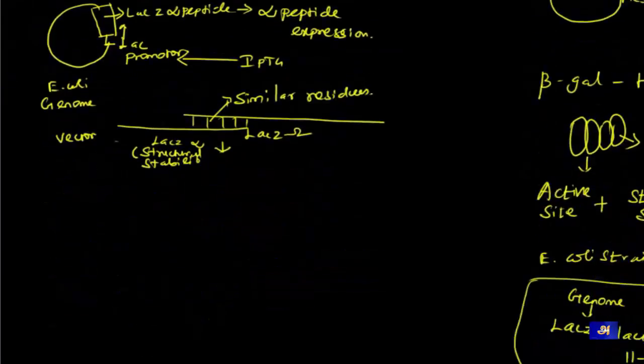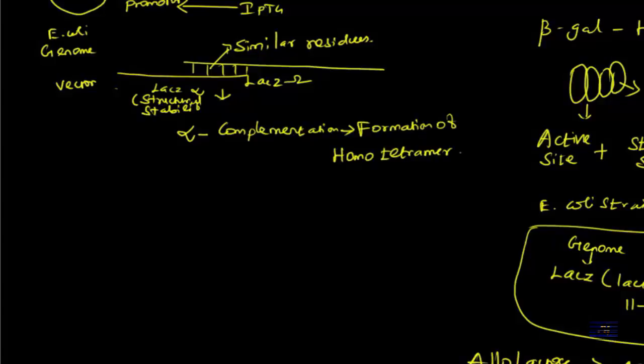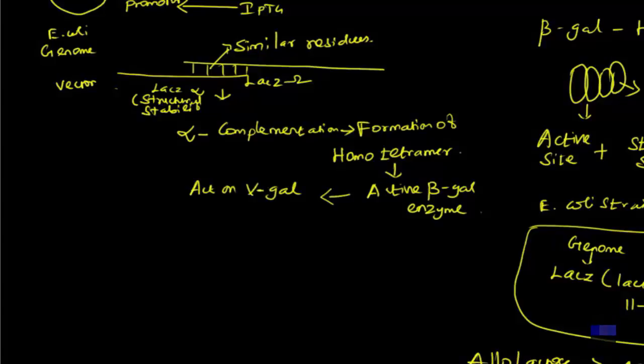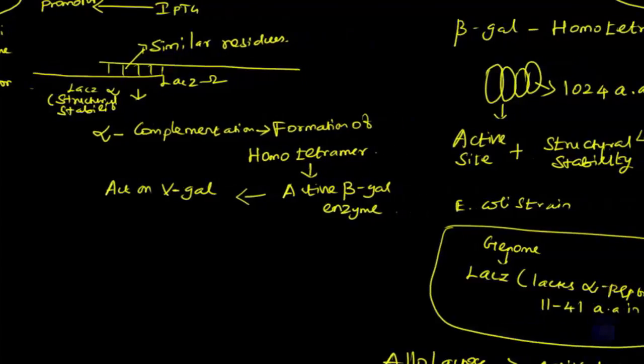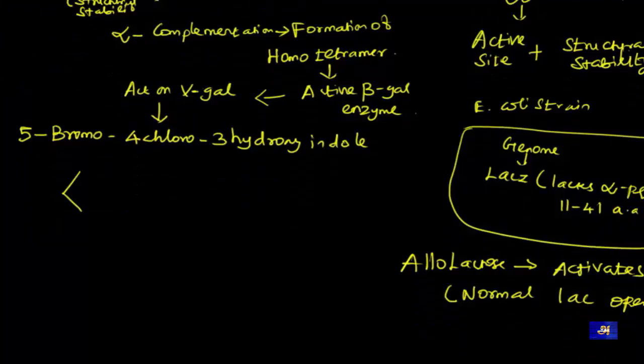When they interact, they form alpha complementation. As we discussed in the beginning of our lecture, alpha complementation will lead to the formation of the homotetramer. This homotetramer is a stable structure, and it will activate the beta galactosidase enzyme, which further acts on XGAL.